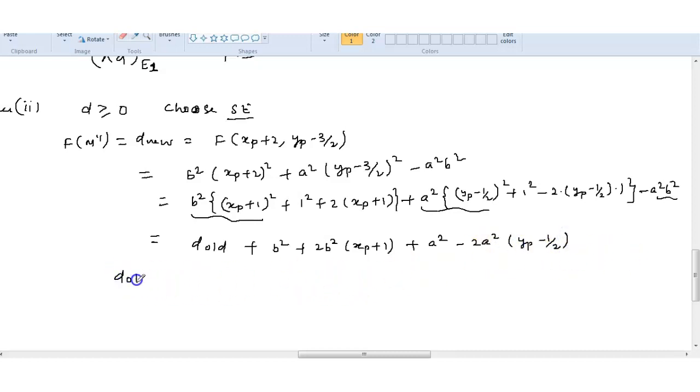So d new is equal to d old plus this one. If you take the common b² here, we get 2xp plus 3, and if you do the multiplication here, we get a cancel, and this is 2yp. So it becomes a² common here, minus 2yp plus 2.